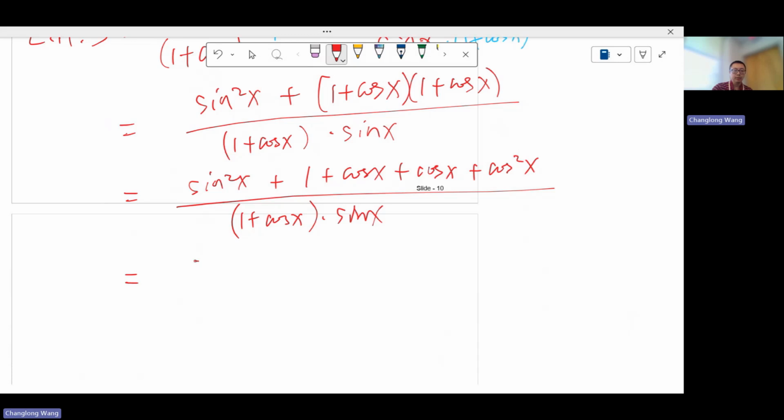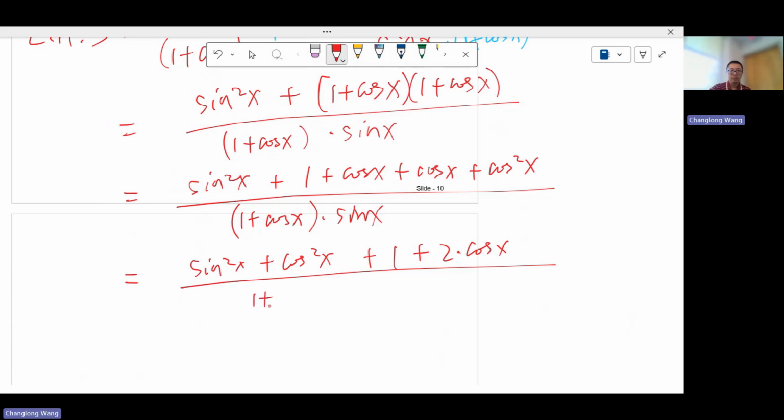Let's move them together: sine squared x plus cosine squared x, plus that 1 gets copied over, and we get 2 cosine x, over 1 plus cosine x times sine of x.